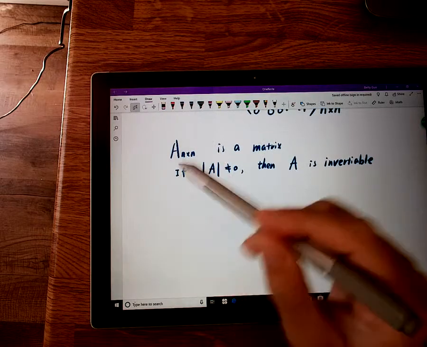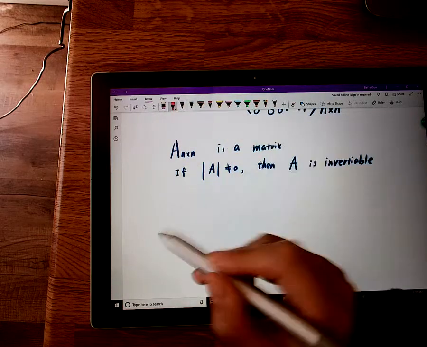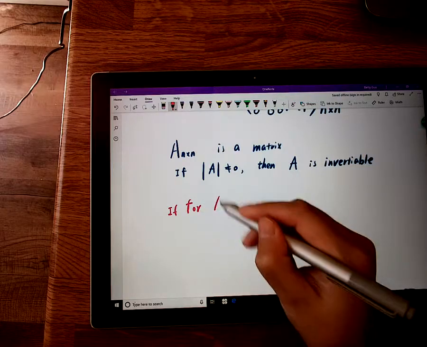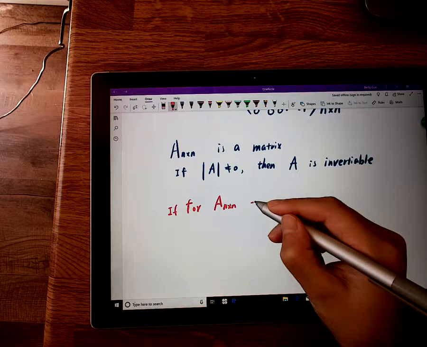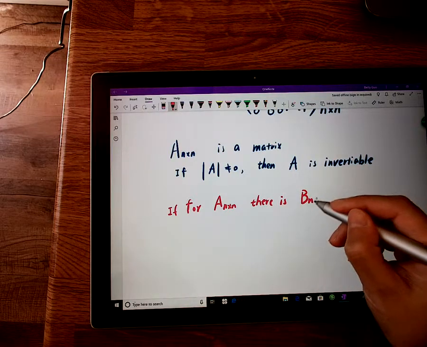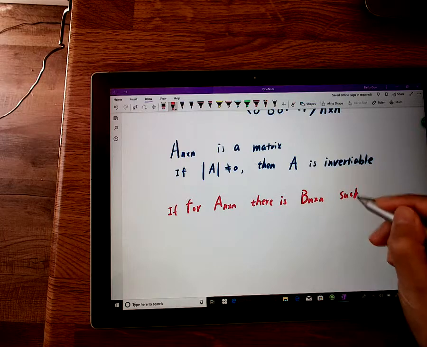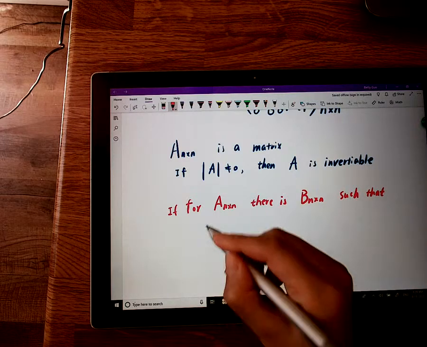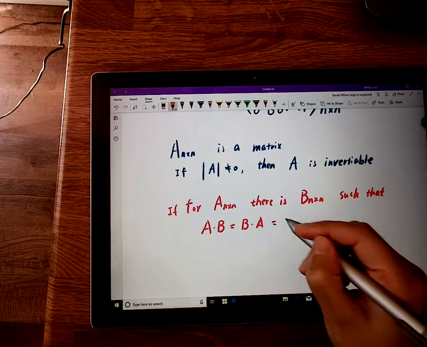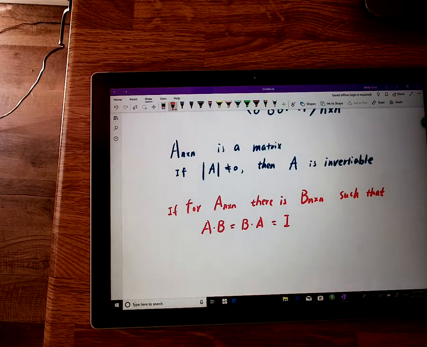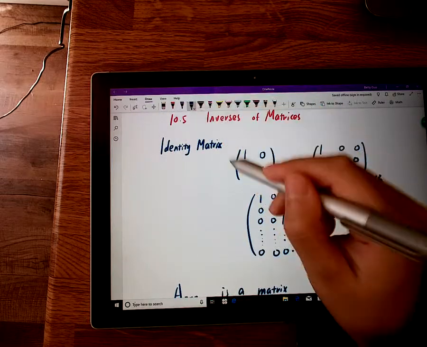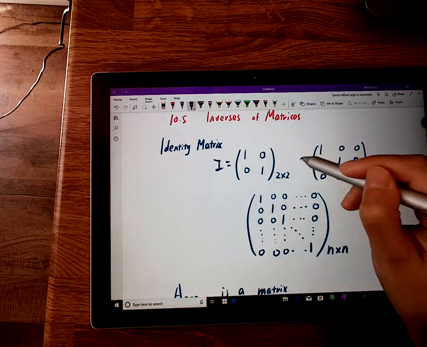Yeah, that's one thing. And let's say for an n by n matrix A, there exists an n by n matrix B such that A times B equals B times A equals I. Remember what is I? By the way, we use I to represent the identity matrix.